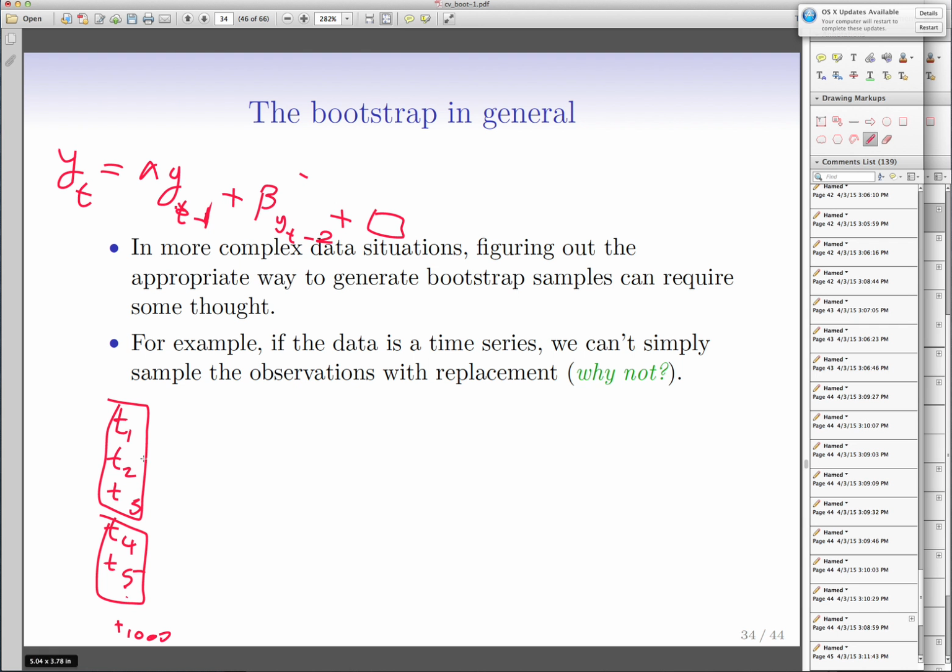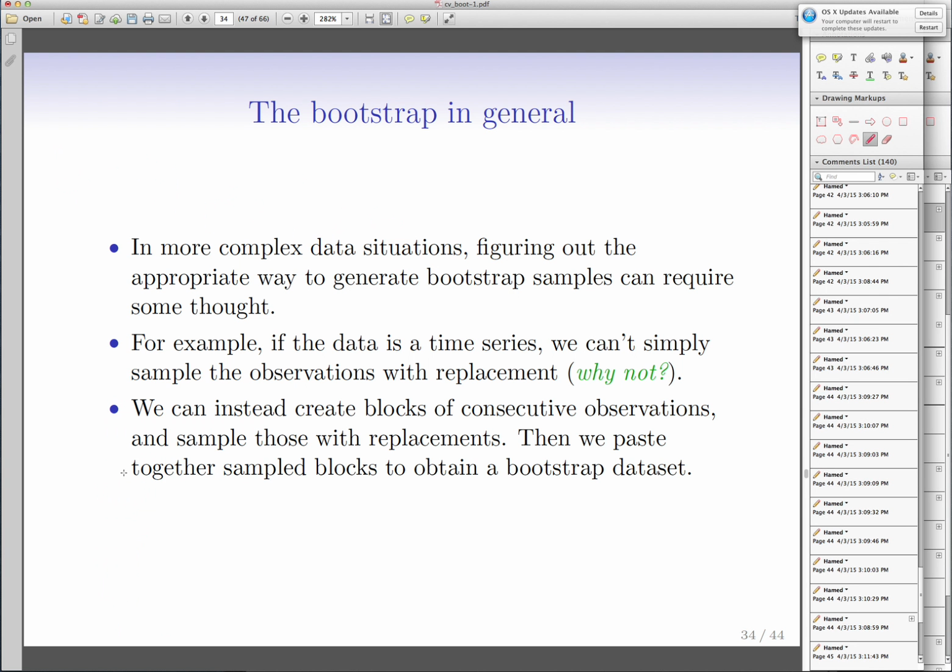So if that's the case, then we do bootstrap, but each time we bootstrap, we pick a block instead of just individual observations to adhere to that independence assumption. This is called block sampling. So we should be careful to deal with that. The bootstrap works best when you have cross-sectional data.